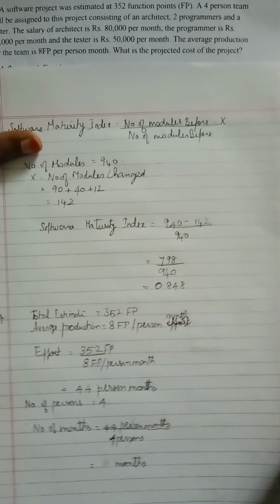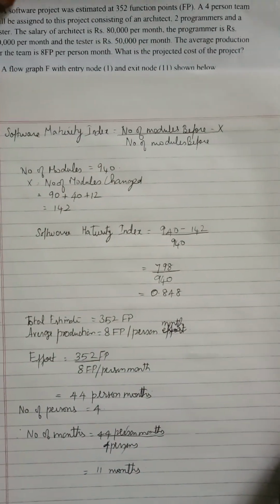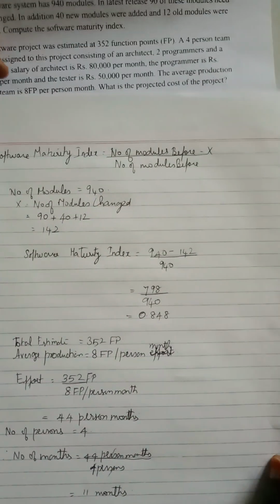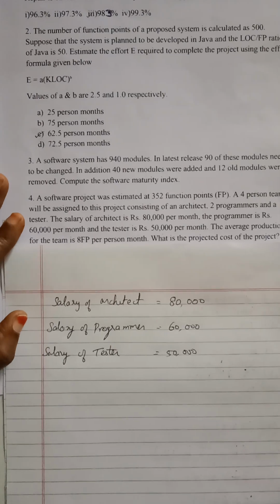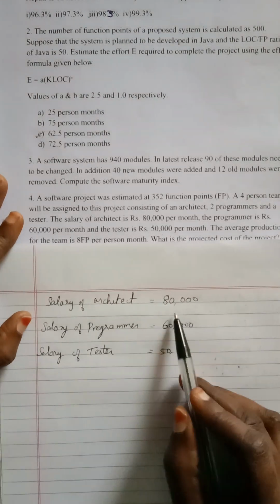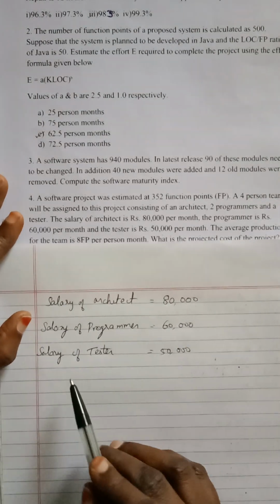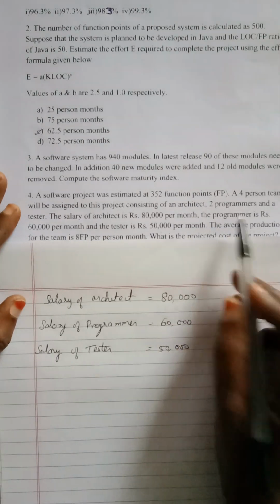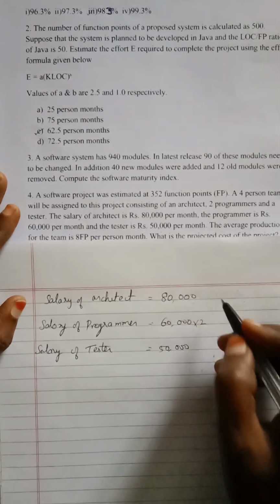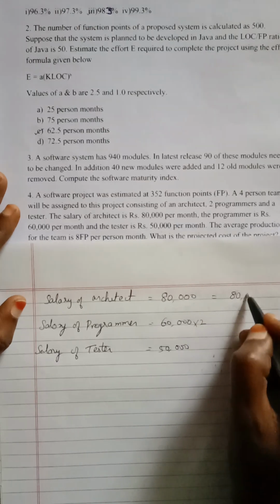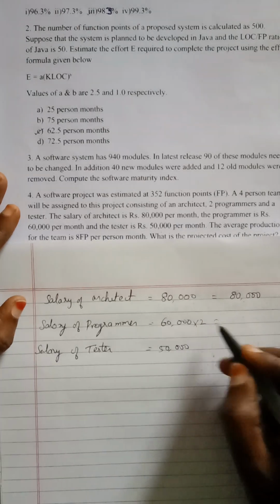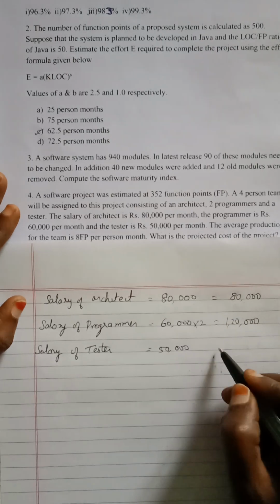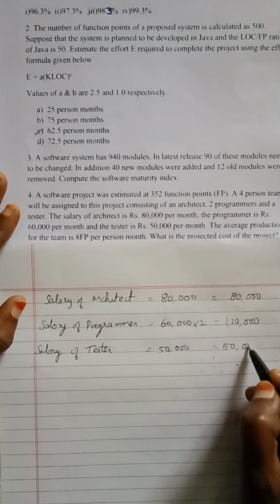Next, they given the salary of the architect, then 2 programmers and a tester. Here the salary of the architect is 80,000, salary of the programmer is 60,000, salary of tester is 50,000. Here there are 2 programmers, right? 2 programmers are given, so 60,000 into 2, which is 1,20,000, plus 80,000, and this is 50,000.